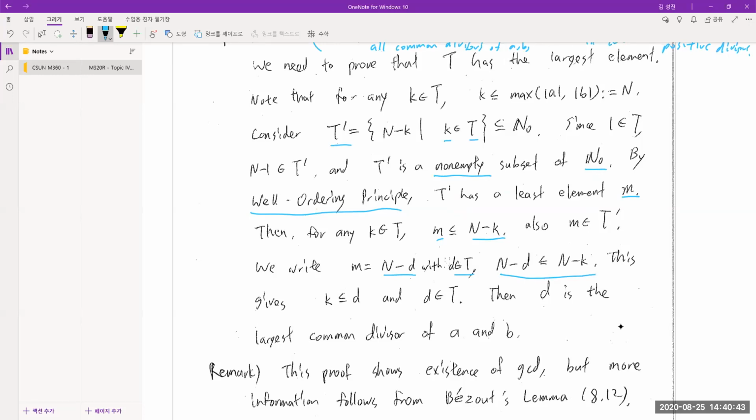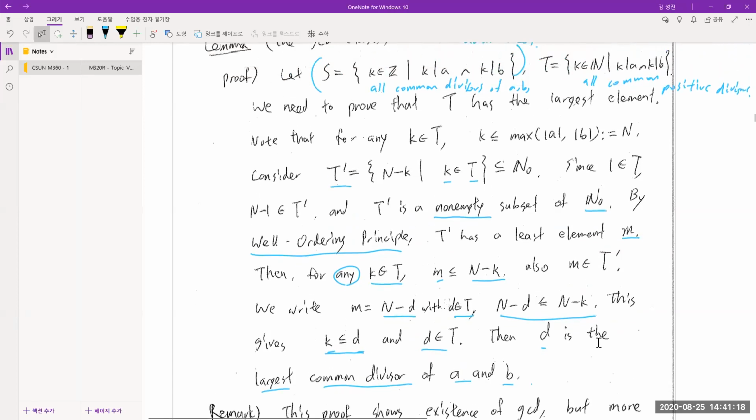So then, canceling the capital N and flipping the signs, we obtain k less than or equal to d. Also, d is in T; we already have that. So what does that mean? For any k in T, k is less than or equal to d. So d is in T, and d is the largest common divisor of A and B.